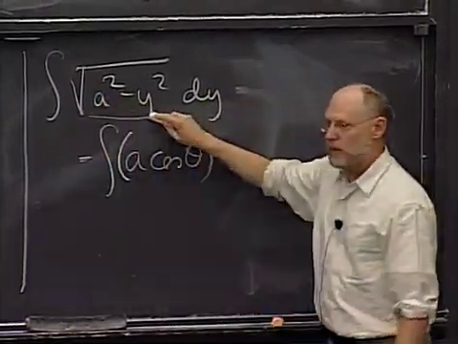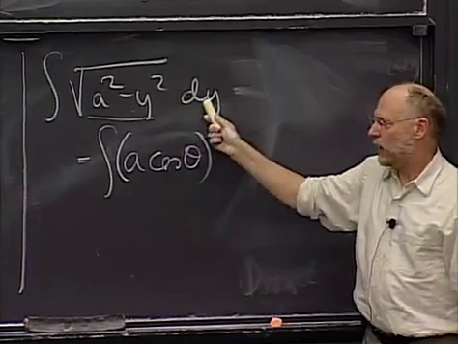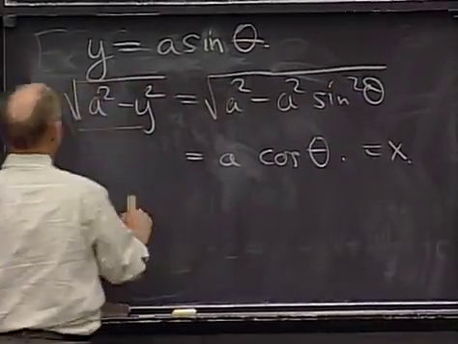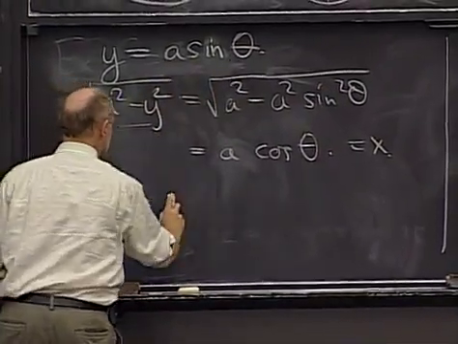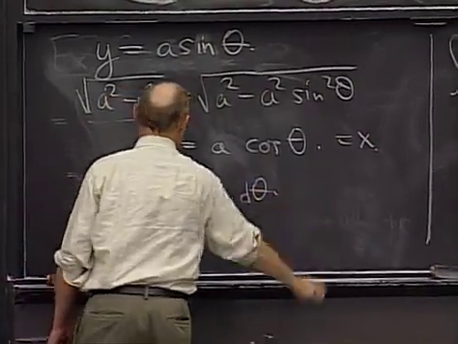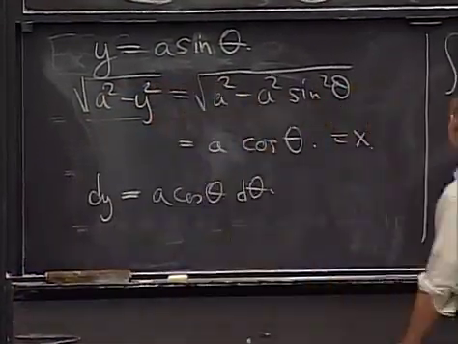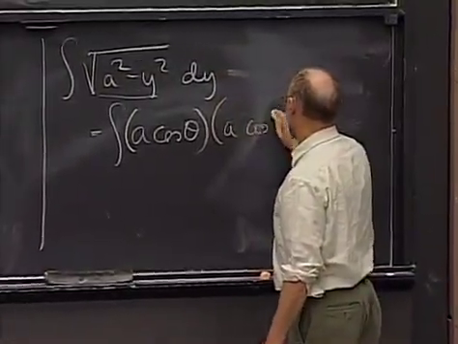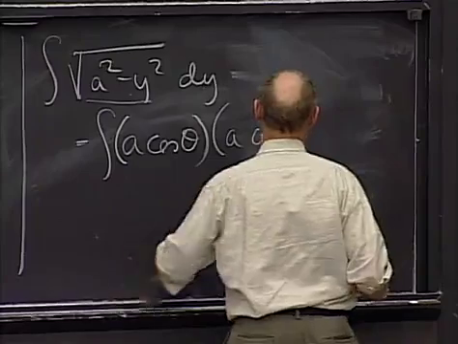That's this. What about the dy? Well, I'd better compute the dy. So dy, just differentiating this expression, is a cosine theta d theta. So let's put that in.